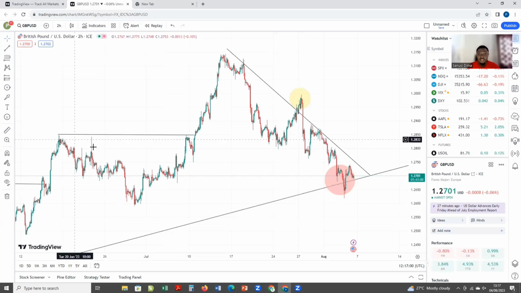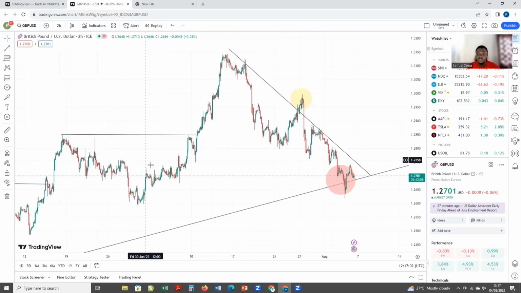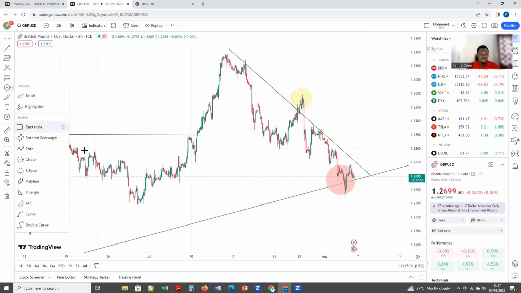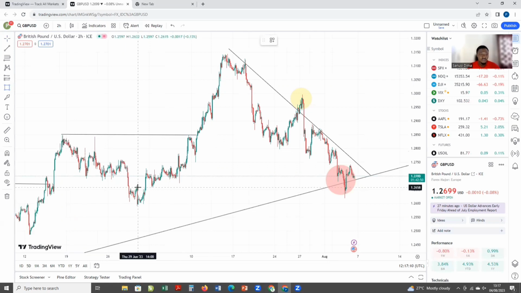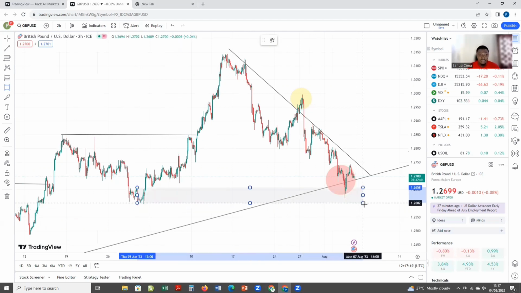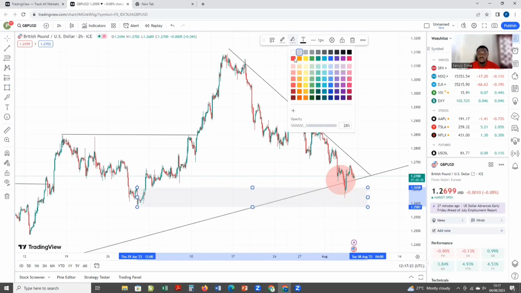At this point I'll be looking for another reason for my buy. Another confirmation for my buy is that this is an order block, because this was the last block before the market reversed back up during a mini sell. This is an order block, and then the market came down to tap into the order block.